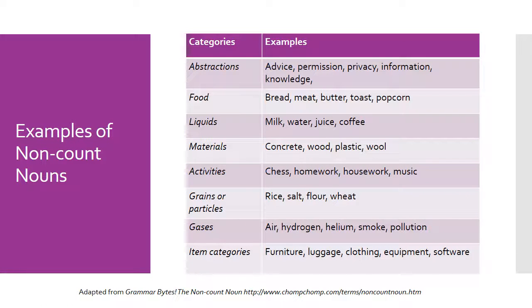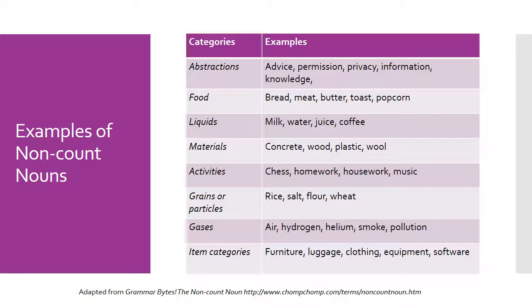So here are some examples of non-count nouns, the different categories that we have to look at. So we've got abstractions, many kinds of food are non-count, liquids, which makes sense. A liquid is not something that's really divisible. Materials, activities, things that are composed of grains or particles, gases, and then categories of items.